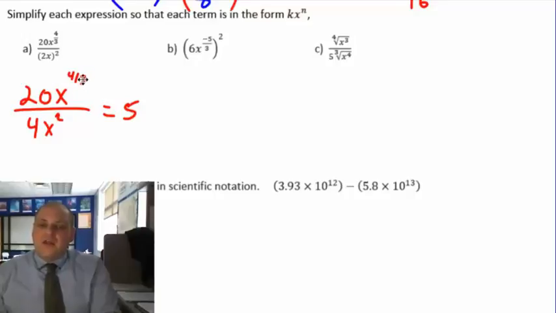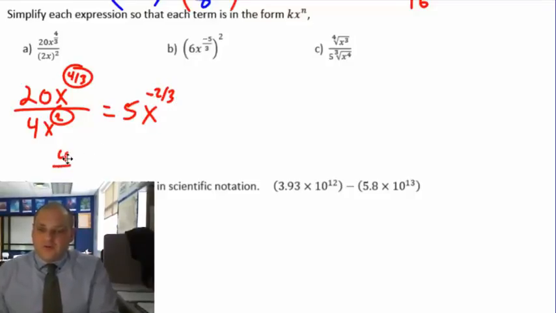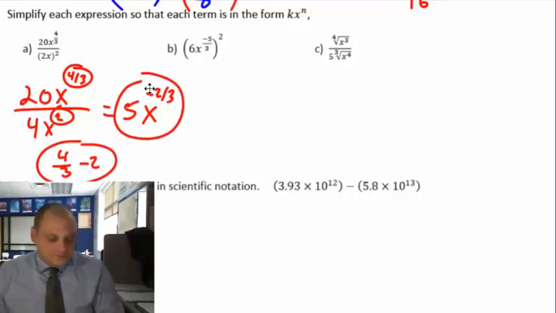And then here, you have to subtract the exponents. 4/3 minus 2. That's calculator work. That'll be x to the negative 2/3. Again, where did I get that from? I got it from my calculator. I did 4/3 minus 2, and that gave me negative 2/3. So there's my answer.